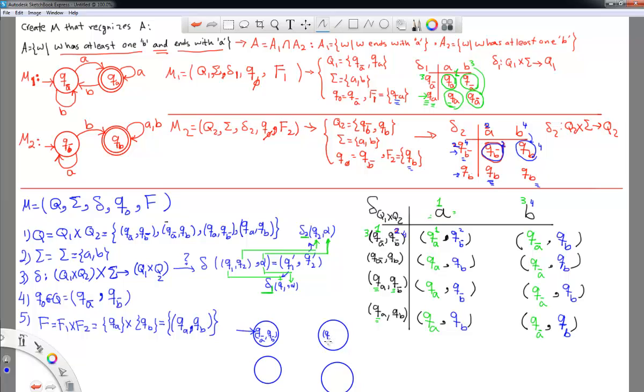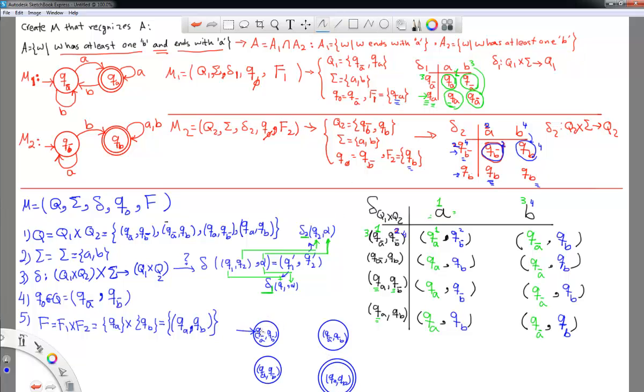Then we do Q naught A and Q B, Q A and Q naught B, and finally QA, QB, which is also an accept state. So this state is going to be the accept state. I'll double line it like that.